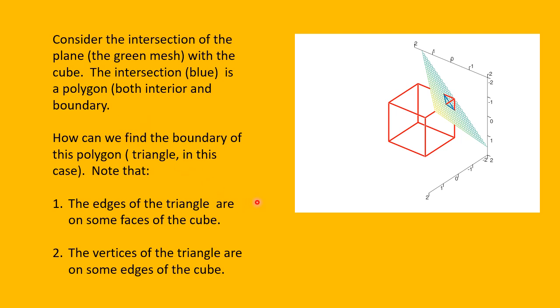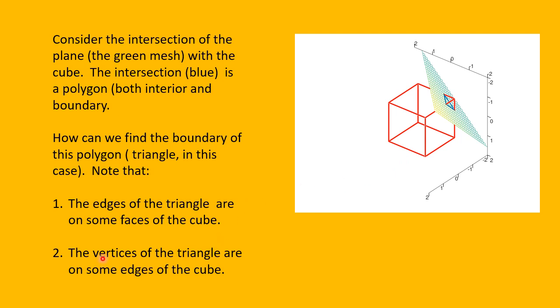And here's what we can notice about this thing. First of all, the edges of this small triangular region are embedded in some faces of the cube. For instance, this edge right here is in this face of the cube over here.